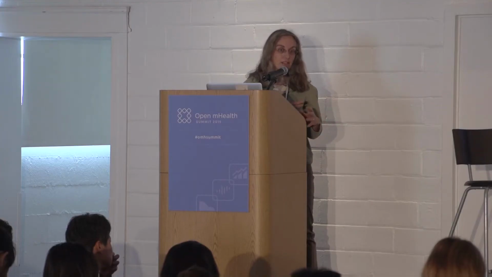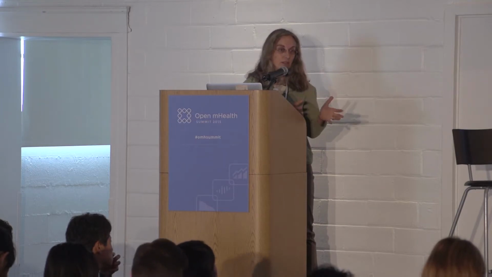So it's a problem that a lot of people are trying to address. And so we're trying to operate in the space between what the doctor prescribes and what the person does.